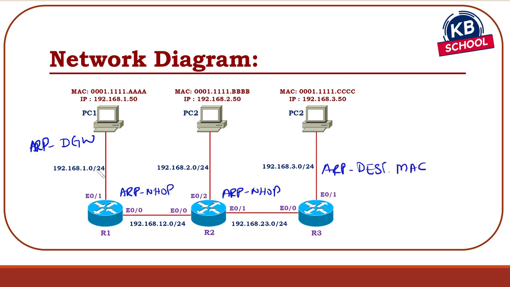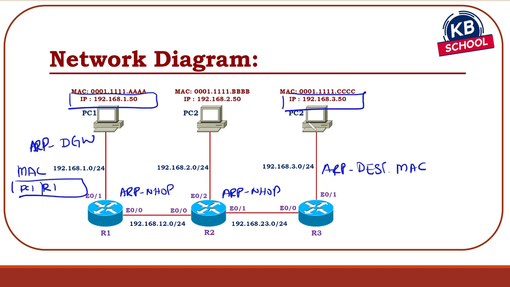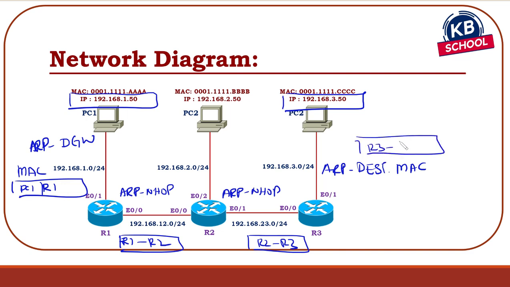The MAC address over here on this segment, PC1 to R1. The IP is always going to be from where to where? The original source to original destination. Here, the layer 2 or the MAC header would be R1 going to R2. Over here, it would be R2 to R3. The IP, as I said, remains the same. In the final one, it will be from R3 to PC3. This is PC3 over here. All right.